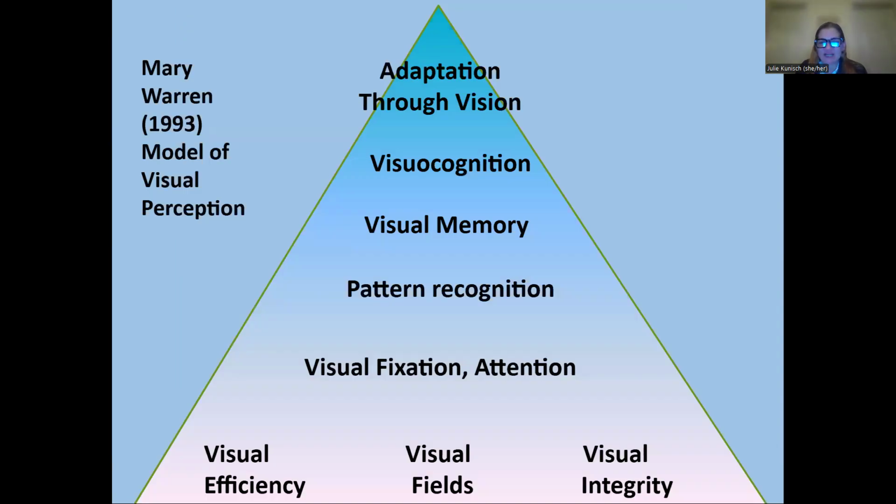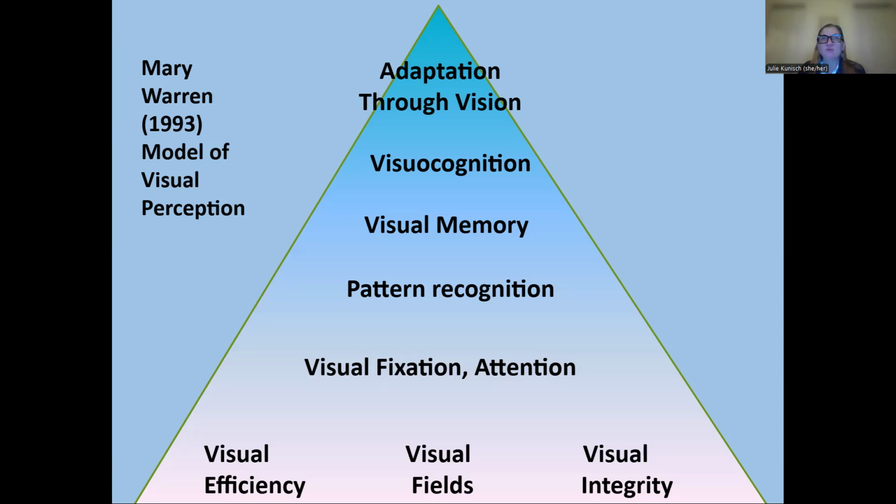All right, and this is the final slide, just to frame our conversations when we are together on the 27th. This is the model of visual perception that was created by Mary Warren, who's an occupational therapist. We affectionately call her the mother of visual perception in occupational therapy. This is her model.